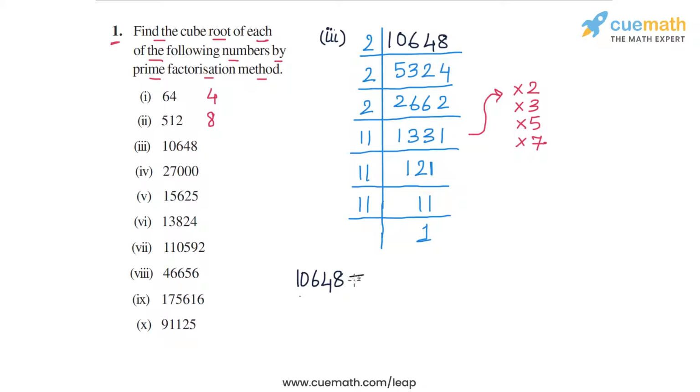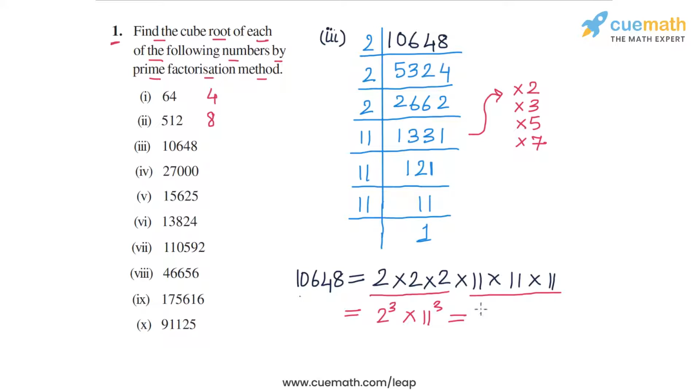And let's write the prime factorized form. So we have 3 repetitions of 2 and then we have 3 repetitions of 11. So if we group the prime factors into triplets, we get 1 triplet of 2 and 1 triplet of 11, and therefore we can write this as 2 cube into 11 cube or 2 into 11 whole cube.